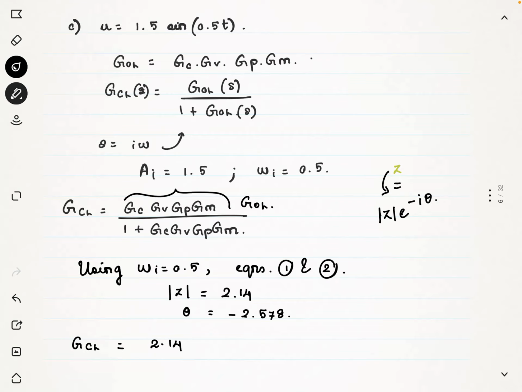So 2.14 e power minus 2.578 i. So if we write it down in polar coordinate form, it will be easier for simplifications further, like I'll show.